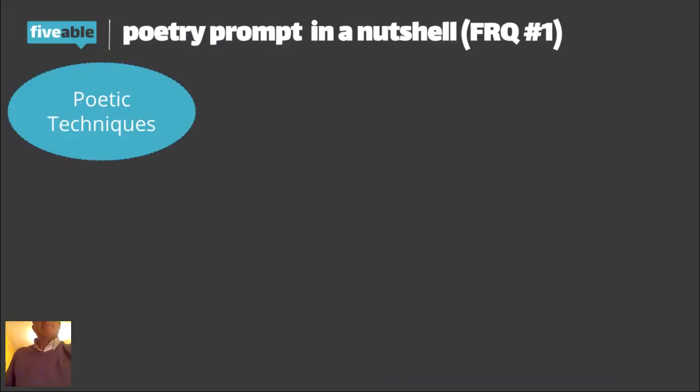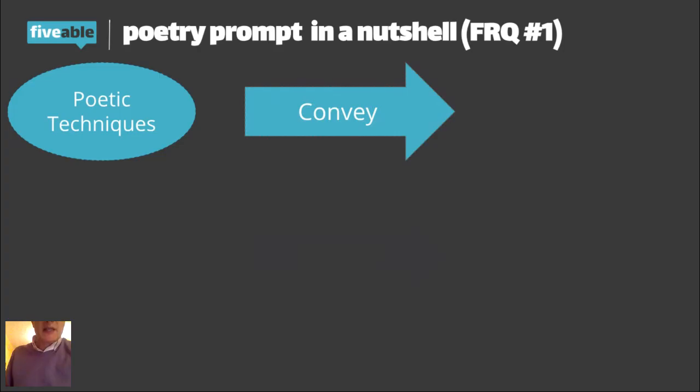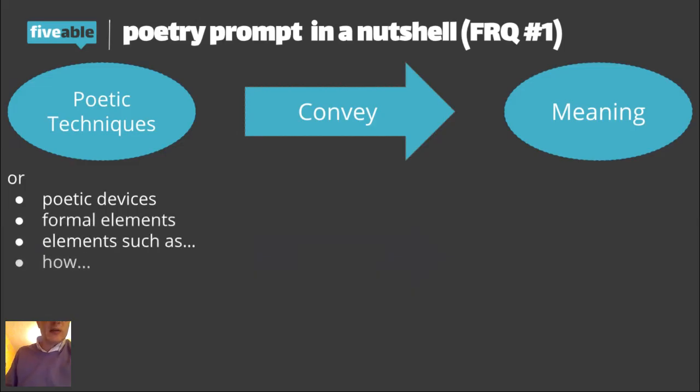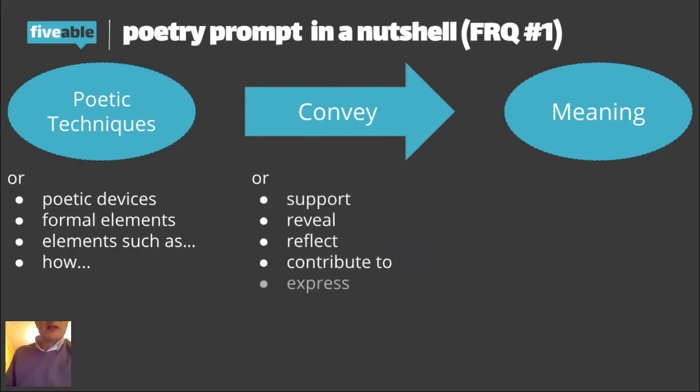So anyways, remember that the poetry prompt is as follows. It always is. How do poets use poetic techniques to convey meaning? And poetic techniques can be phrased as poetic devices, formal elements. Such as how, convey, we see, support, reveal, reflect, contribute to, express, develop, communicate.